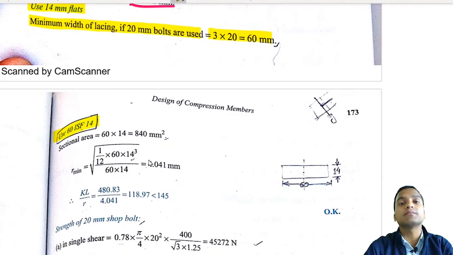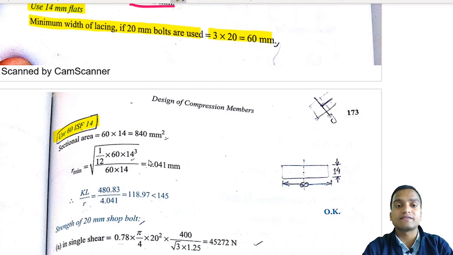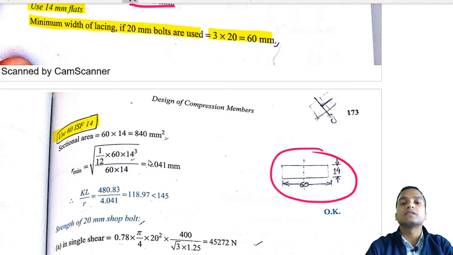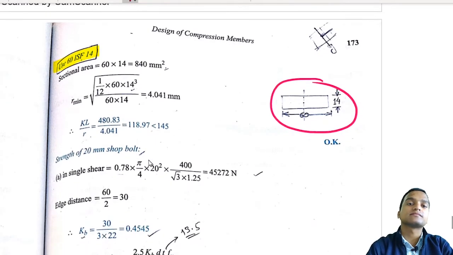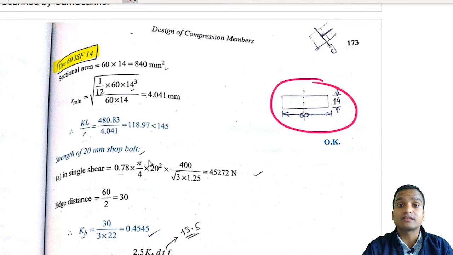This is the diagram of the cross section of the Indian standard flat which we have used. And for each lacing we also have to check the slenderness ratio, and it should be less than 145, as we have discussed.